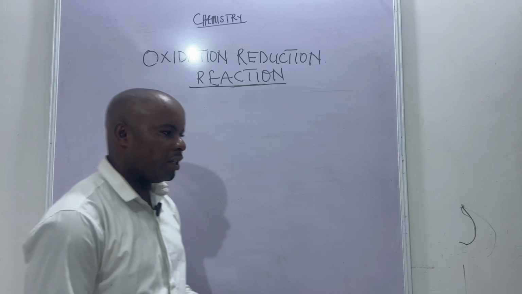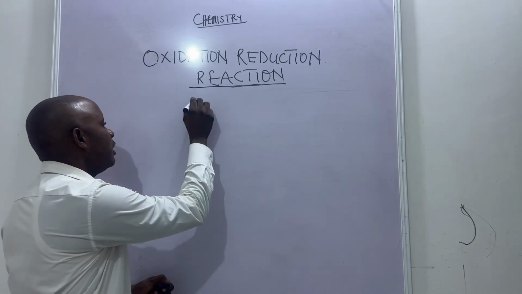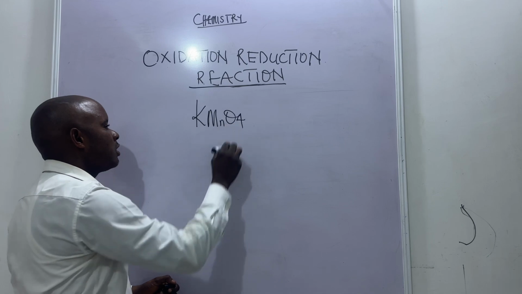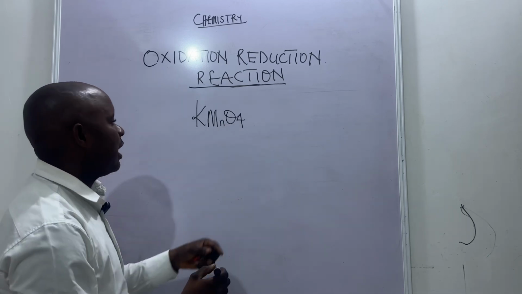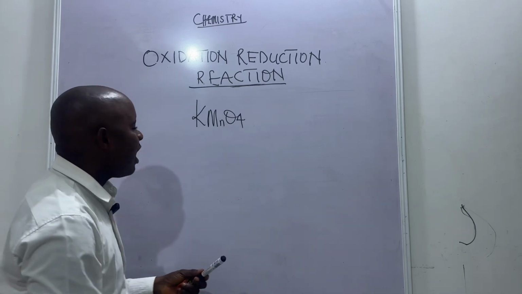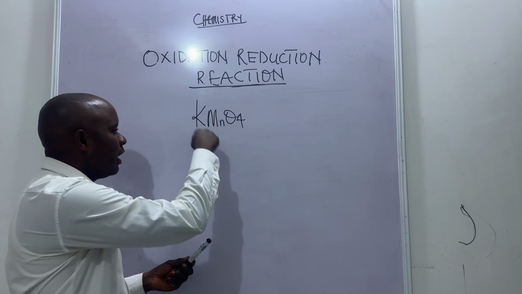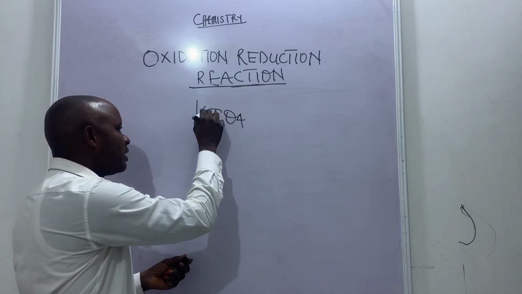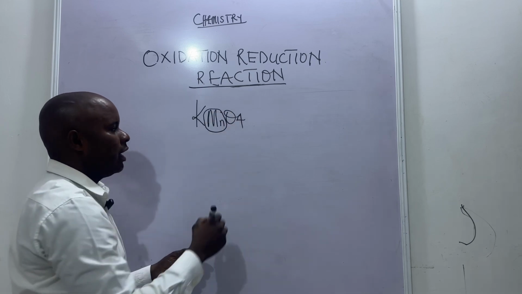For instance, if we should have a compound known as potassium tetraoxomanganate, how can we identify the oxidation state of this compound? We're going to talk about this central atom that is involved here.